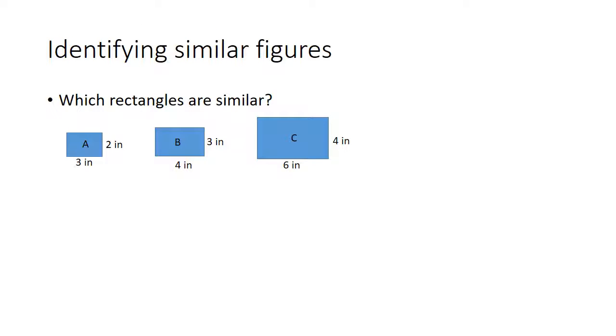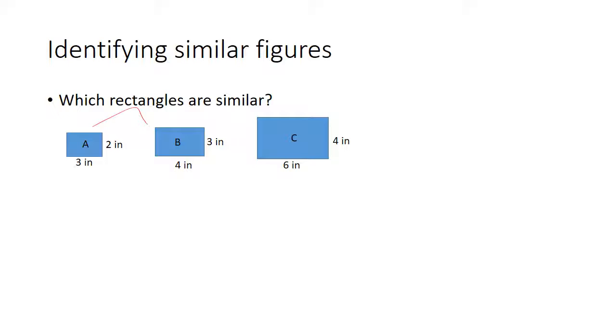So we're going to use the same idea to identify which of these 3 rectangles are similar. Because they are rectangles, we know that their 4 corners are all 90 degrees, and their corresponding angles are congruent, so we can say that they are similar. All we're going to do is check proportion-wise which ones work. Let's check A and B first.